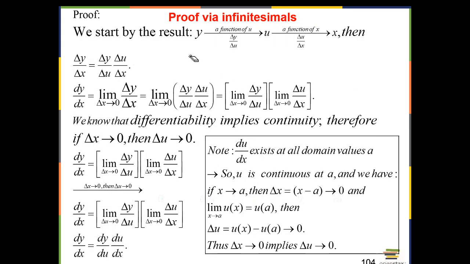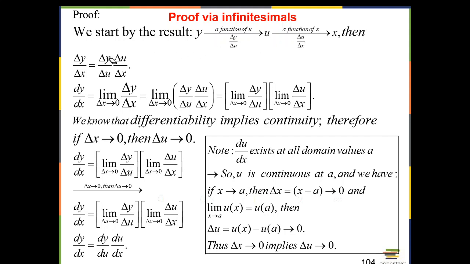So how do we prove the chain rule? Well, it's really not that hard to prove. Think of y as a function of u and u as a function of x. Now, delta y over delta u is the slope of a secant line.